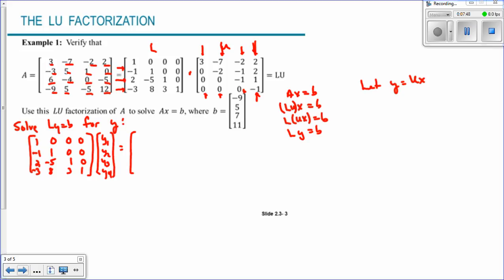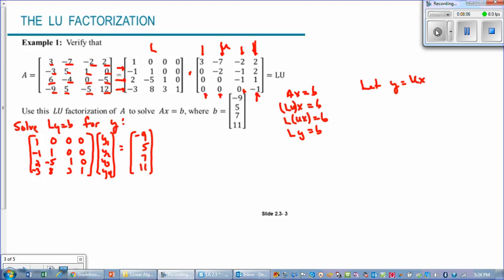Now we could do this by row reduction, making the augmented matrix, taking L with an extra column for the B. But I want you to see how easy this is. I mean, it'll be easy with row reduction because you've got all those zeros already up on top, above the pivots. But I want to show you how easy it is. Okay, now notice here, if I go back to actually writing this as equations, I would take row 1 times the vector, and I would have y1 equal to -9.